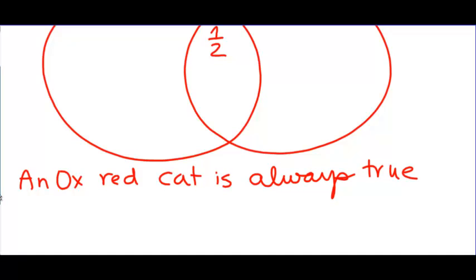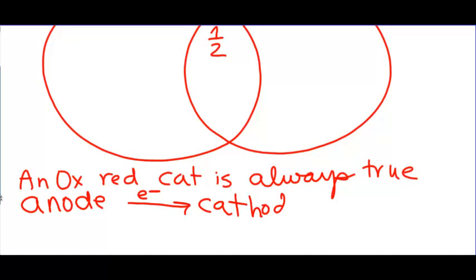Number three says electrons flow through the wire from the anode to the cathode. That's also true. Okay? Electrons always go from anode to cathode. It doesn't matter what kind of cell you have. So number three belongs in the middle too.